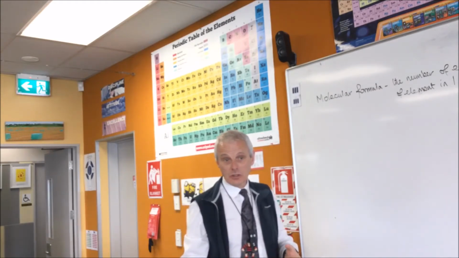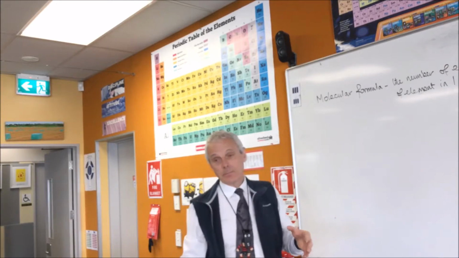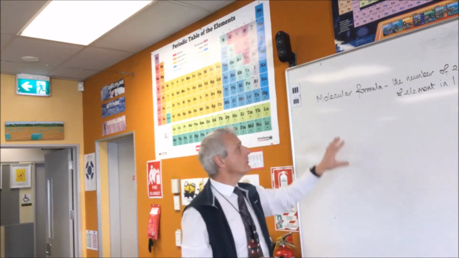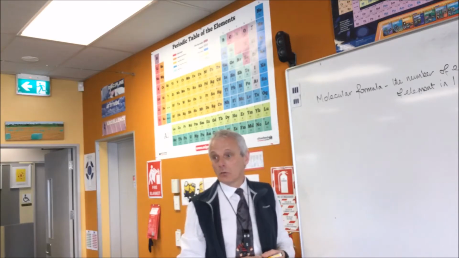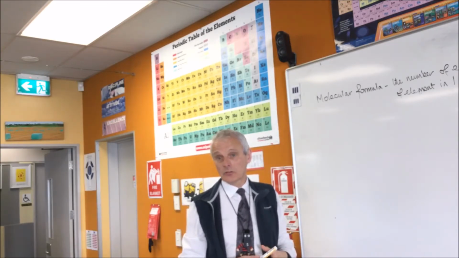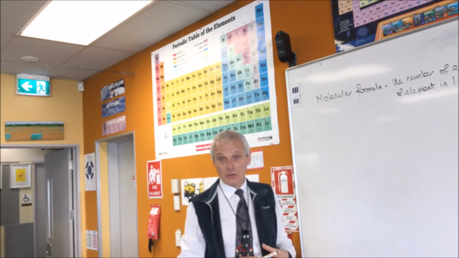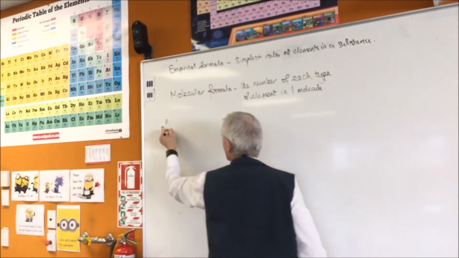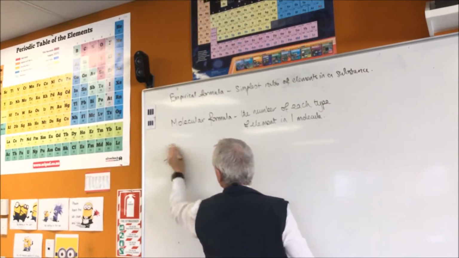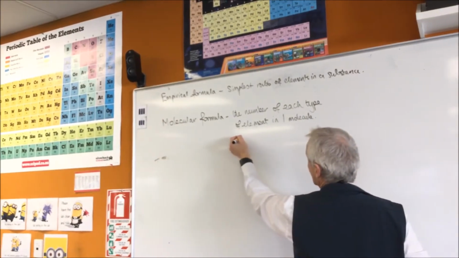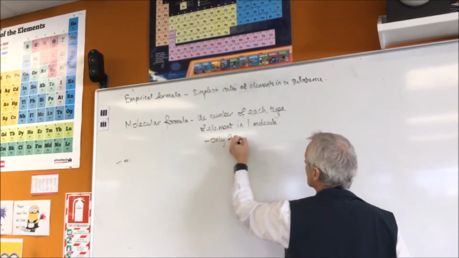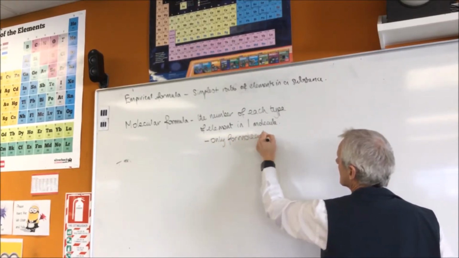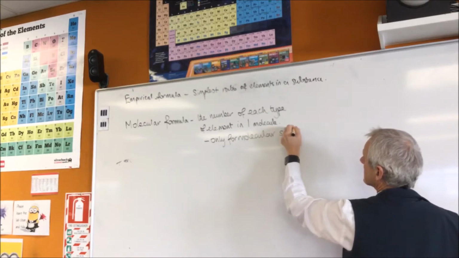substance. Now, often, the molecular formula and the empirical formula will be the same for a molecular substance. Okay? But sometimes they are not. So the first thing, of course, to say is this is only for molecular substances.